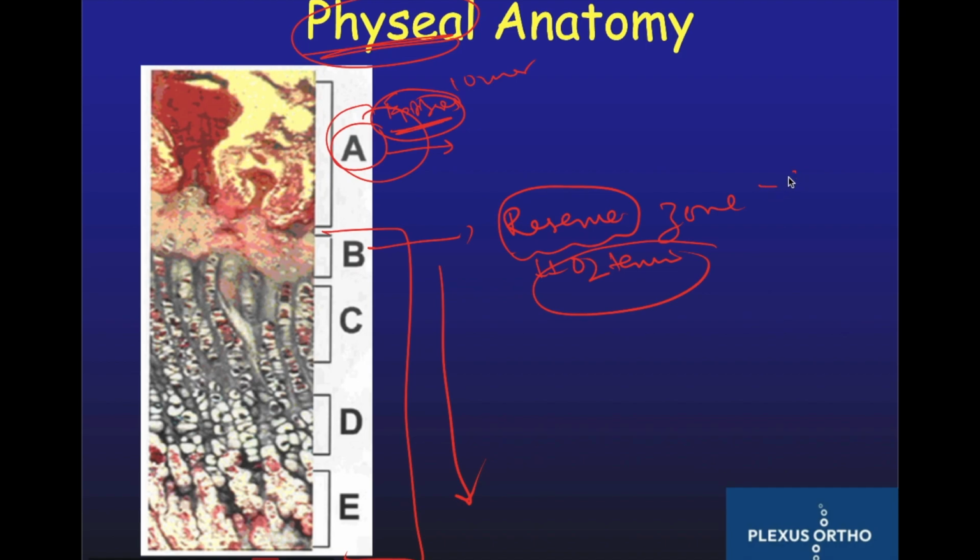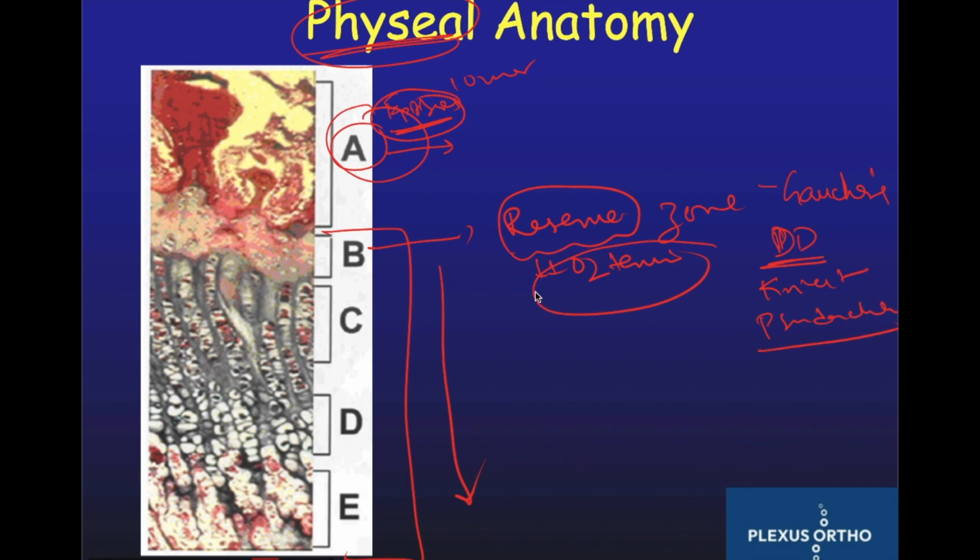The diseases that can occur in this area include Gaucher's disease, very important, diastrophic dysplasia or DD for short, Kniest disease, and pseudoachondroplasia.